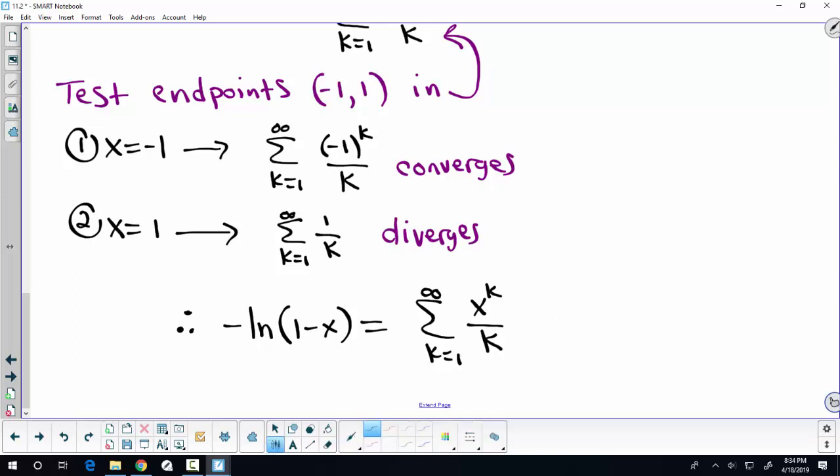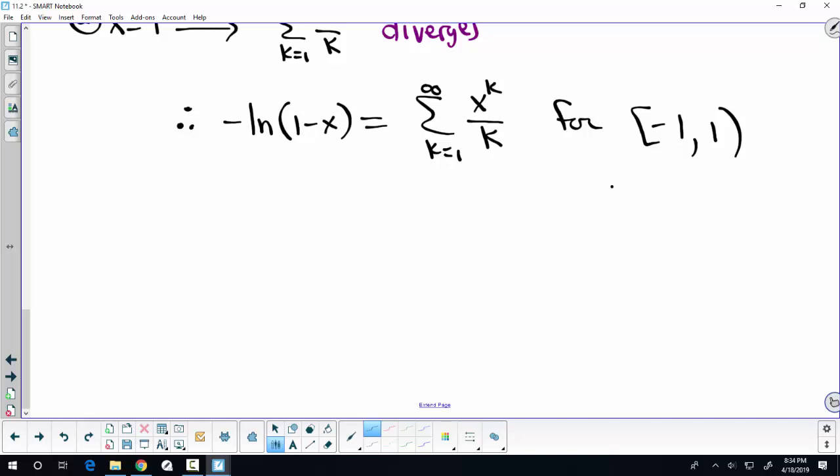So this function equals that series for this interval. The radius of convergence is still 1, because our center is at 0, 0 to 1, 0 to -1.